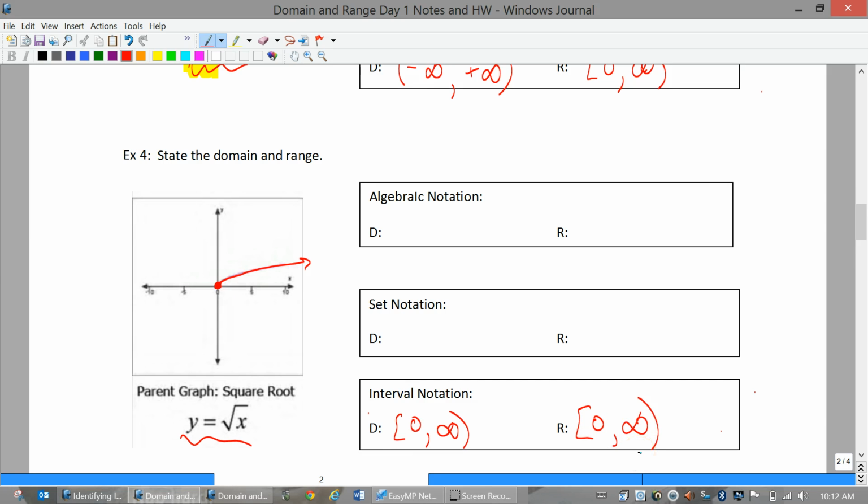From that, I'm going to look at algebraic notation. That goes from 0 and greater. So it's x is greater than or equal to 0, because it's 0 and more. Algebraic notation for range is y greater than or equal to 0. What values can x actually be? What values can y actually be? Okay.